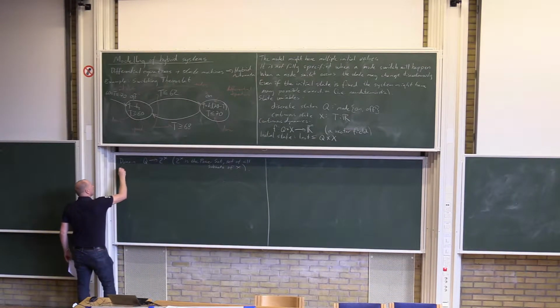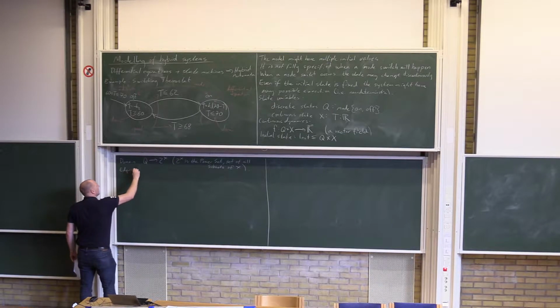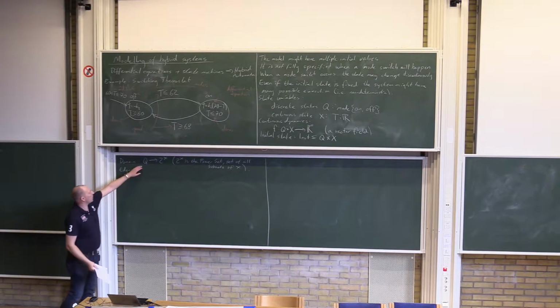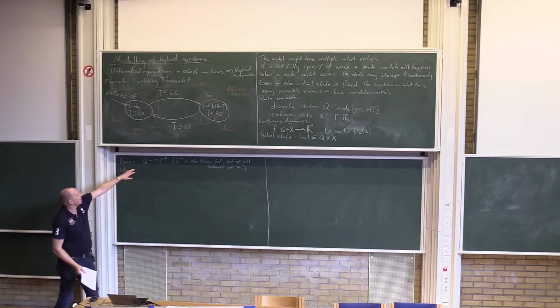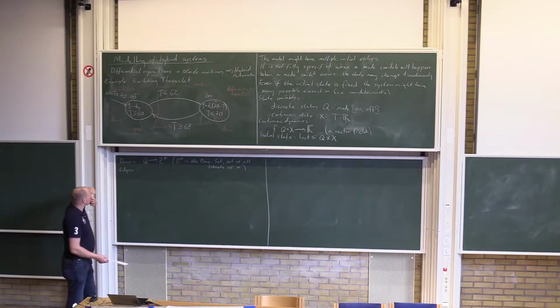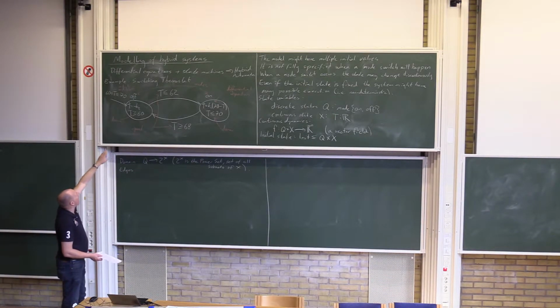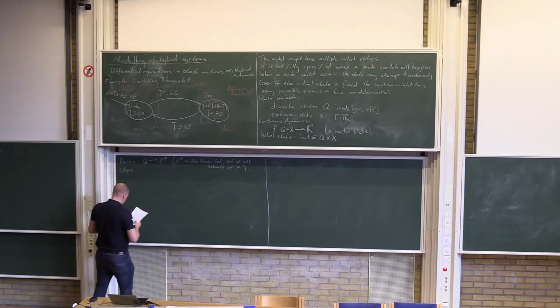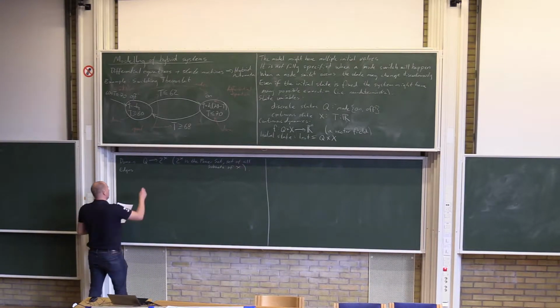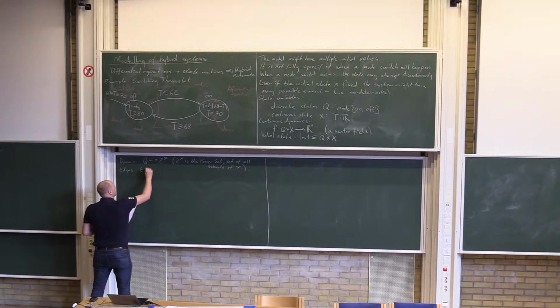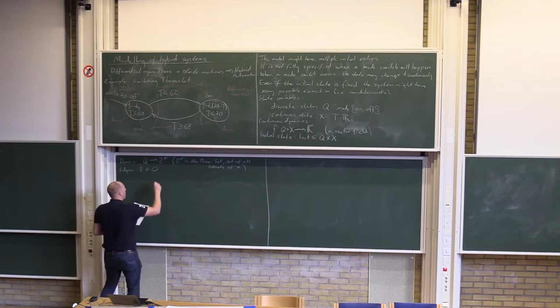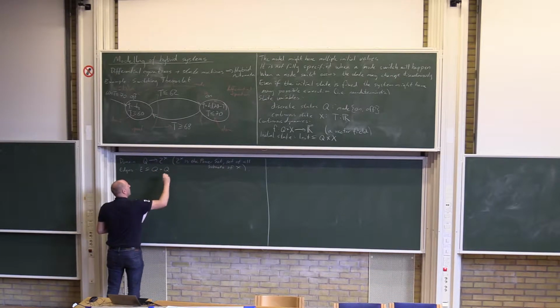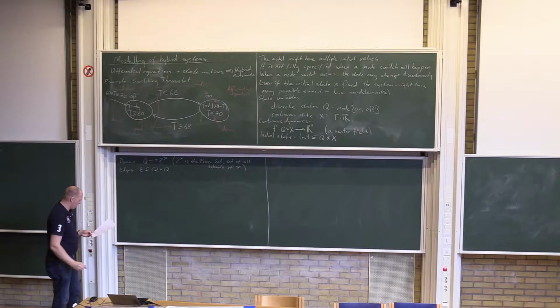Then we have the edges. We saw that this domain has to be valid for every discrete state we have, so you have to be in this set here. The edges are like transitions in the discrete world.